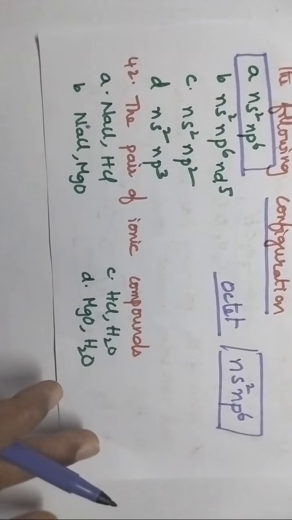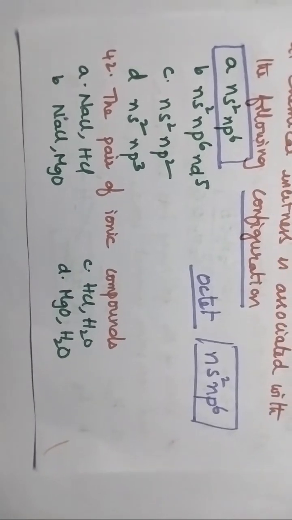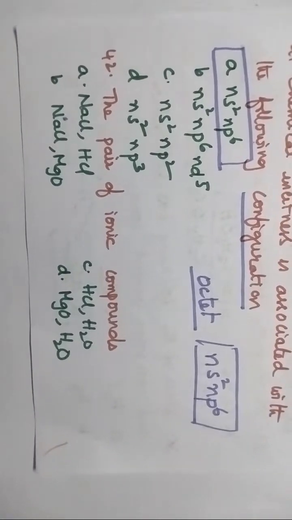Coming to the next question, the pair of ionic compounds. You have to identify which of the following pairs are ionic in nature.